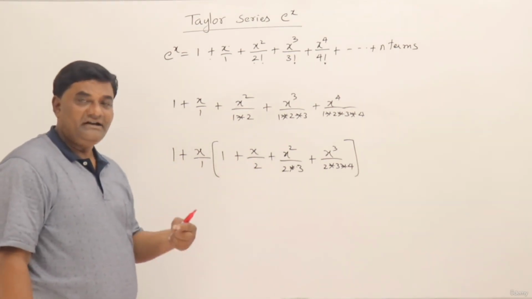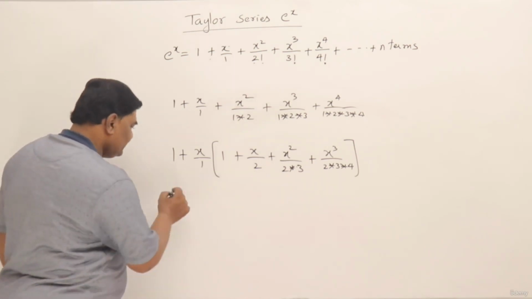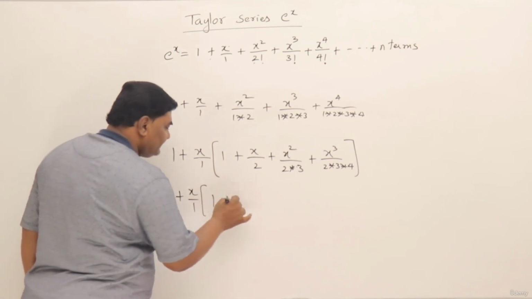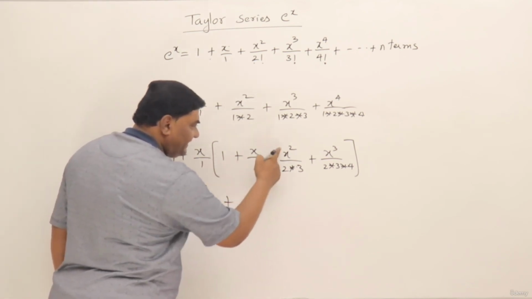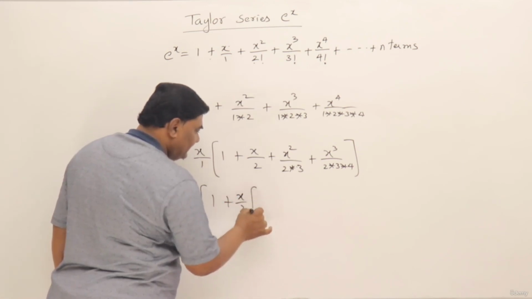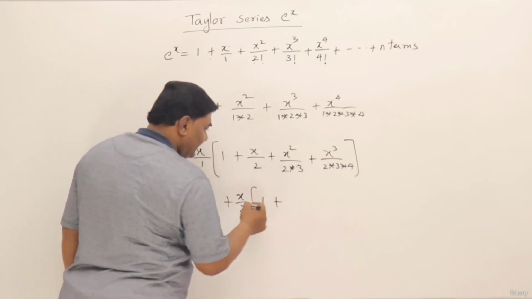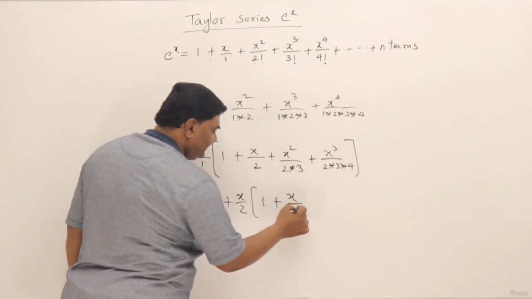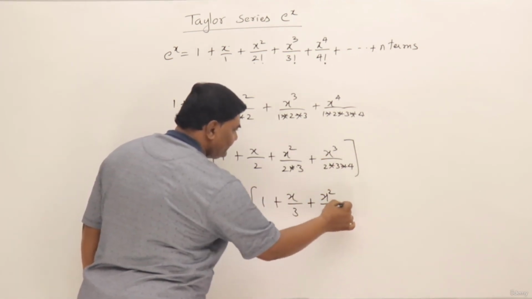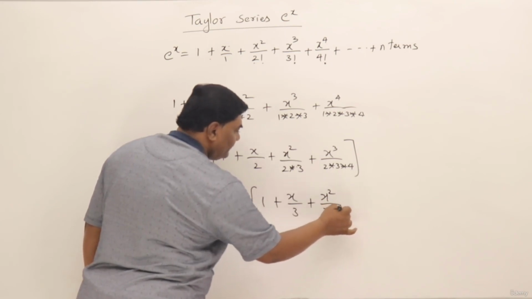Now let us see if we can take more common values. 1 plus x by 1 and 1 plus, in this I can take x by 2 common. Yes, x by 2 is there. So this is x by 2, and here it is 1 plus x by 3, and plus x square by 3 into 4.